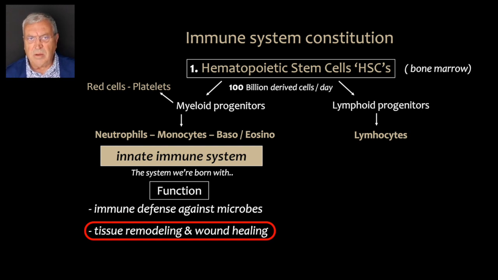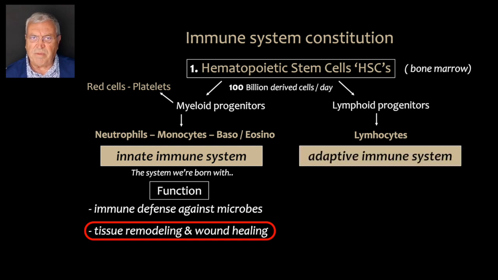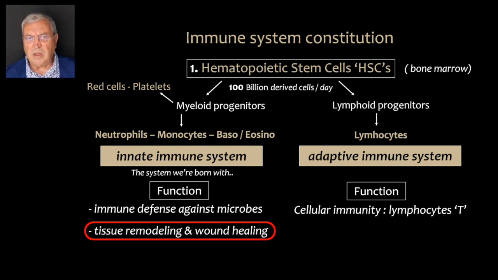On the other side, the lymphocytes, they organize the adaptive immune system. We say acquired after a time. What is the function? It's first to organize the cellular immunity with the T lymphocytes and the humoral immunity, the B lymphocytes, producing antibodies.